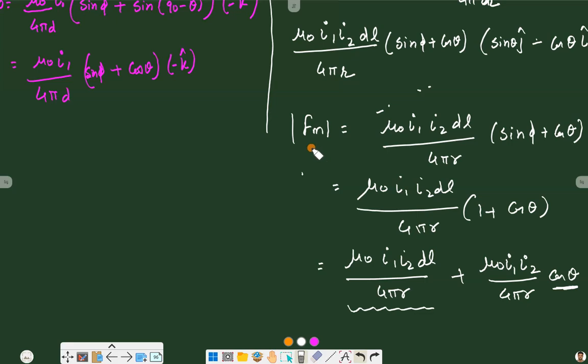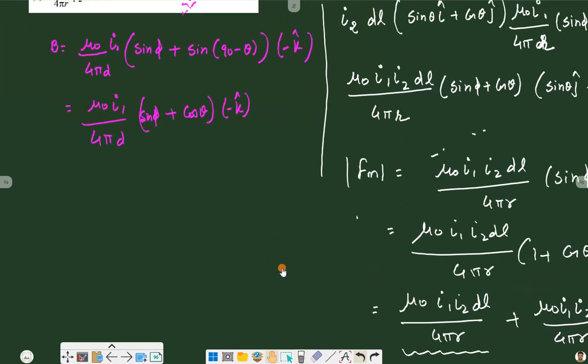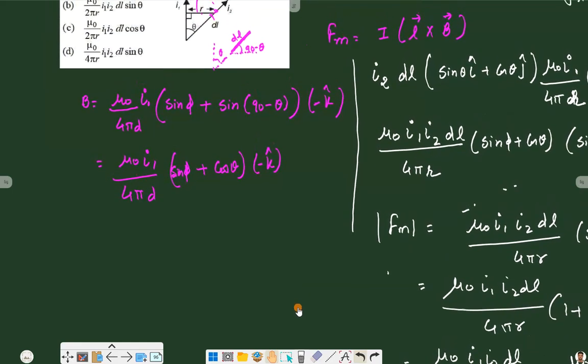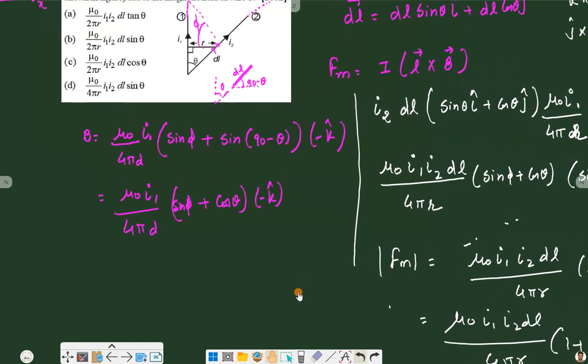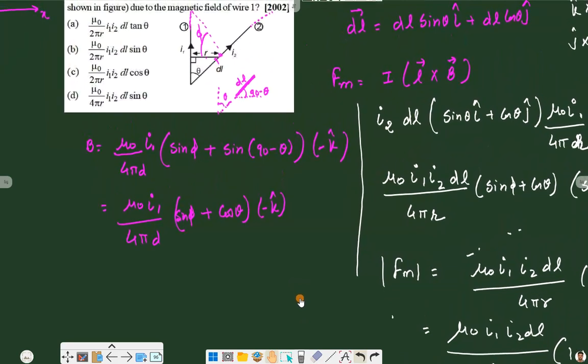So we can match F magnetic force to this value, and here we have some options. It does not look like that. So either none of the options matches, or there should be a by 4 here. Only then can we say this option partially matches.